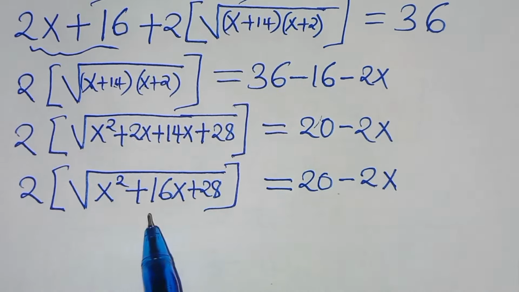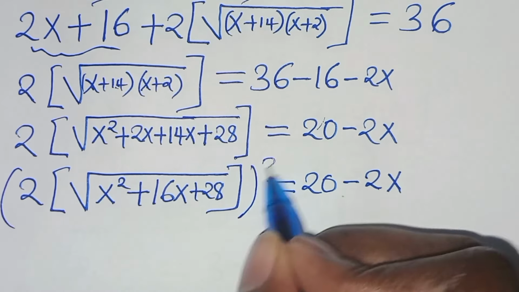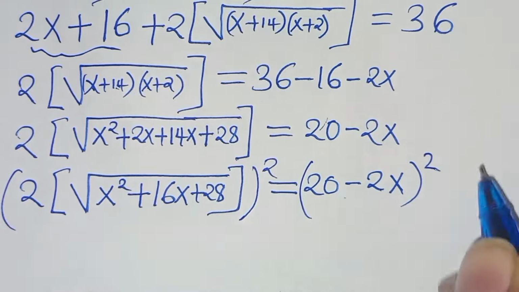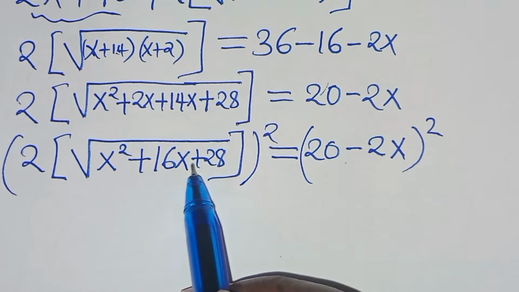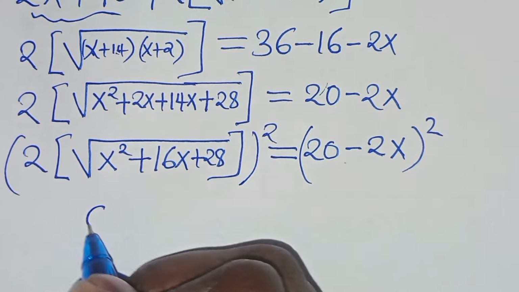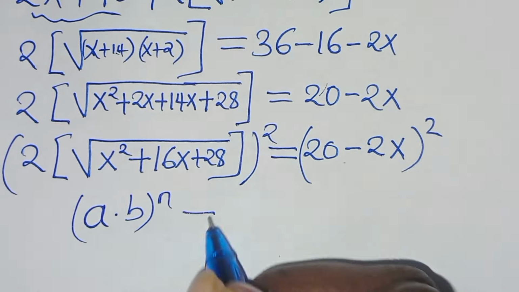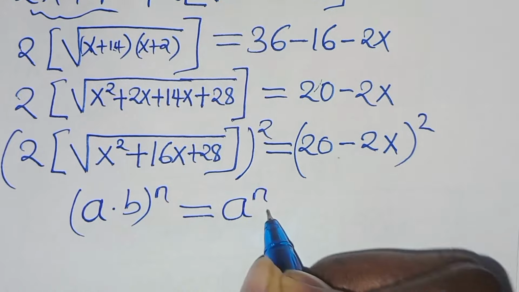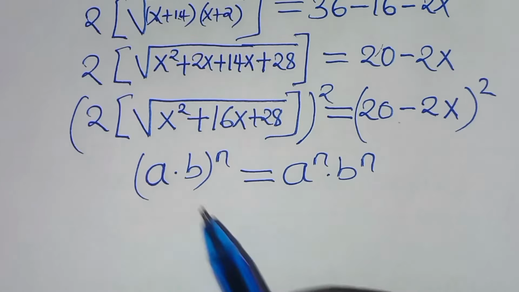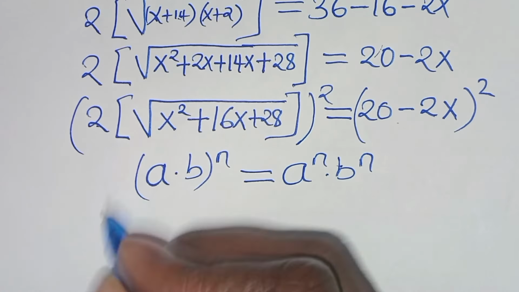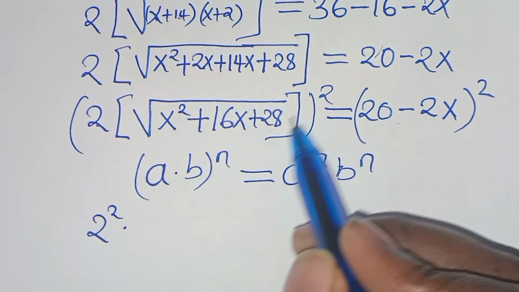So the next step from here, let's square again both sides, so that now 2 times square root of x squared plus 16x plus 28. This is in the form of a times b raised to power n, which we can express as a to the power of n times b to the power of n. Applying this property from here, we have 2 squared times square root of x squared plus 16x plus 28 squared.